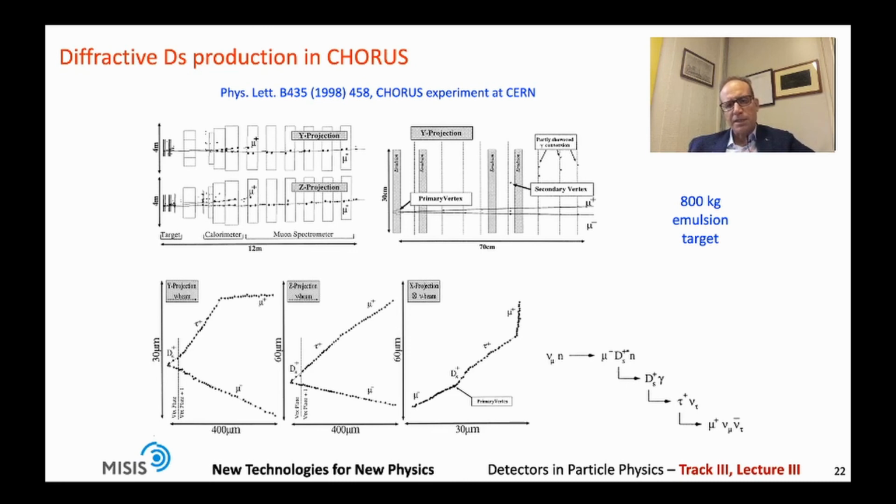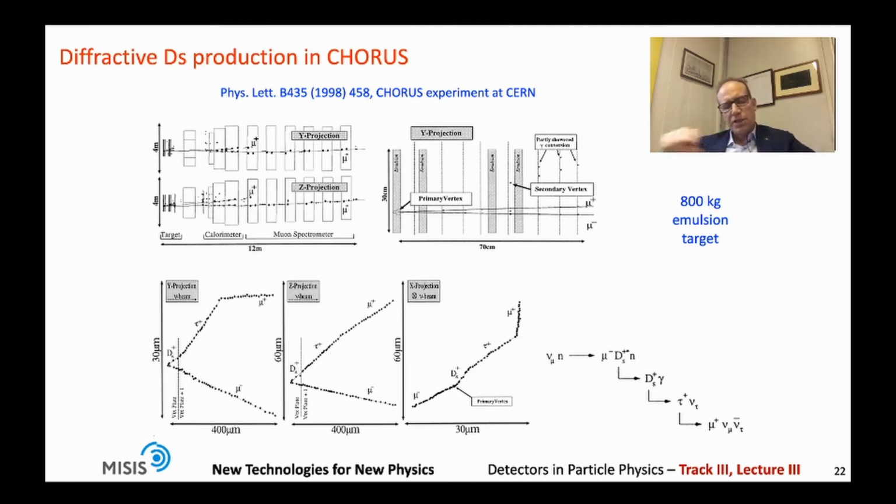The neutrino is interacting on a neutron, scattering the neutron off and producing a mu minus, because it's a charged current interaction, and a D_s*. This D_s* then decays to D_s and a photon. The photon is recorded in the electromagnetic calorimeter, and then you have the D_s decaying to a tau and the tau decaying to a mu.